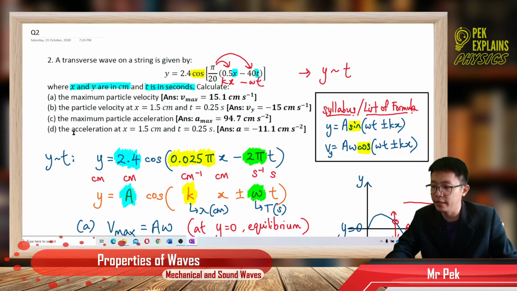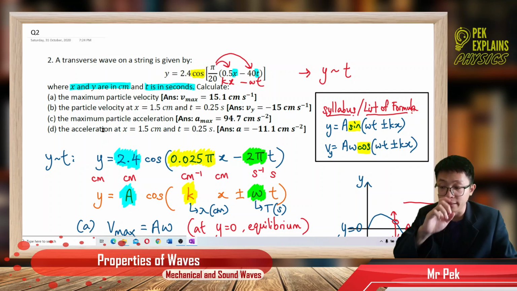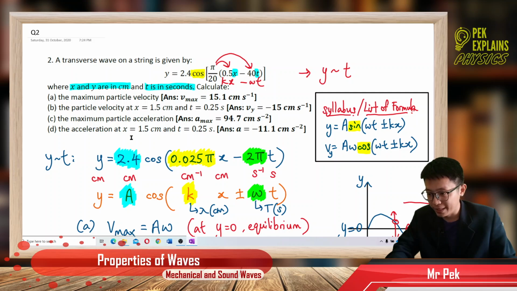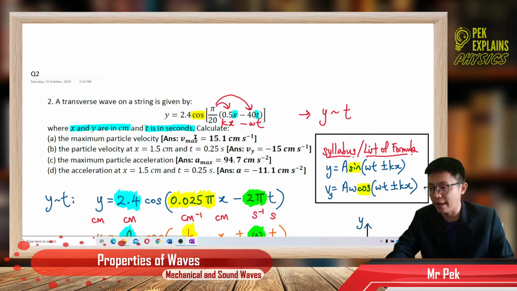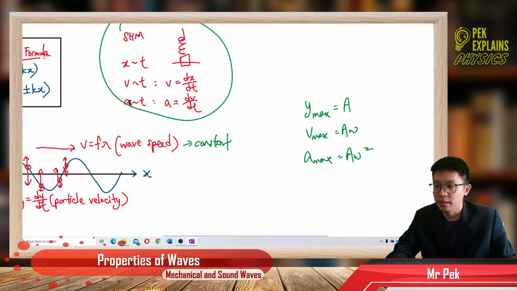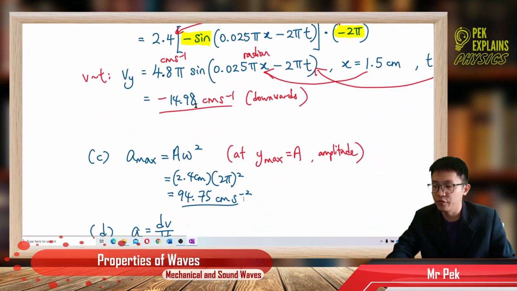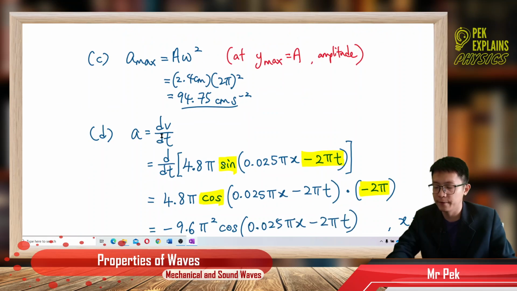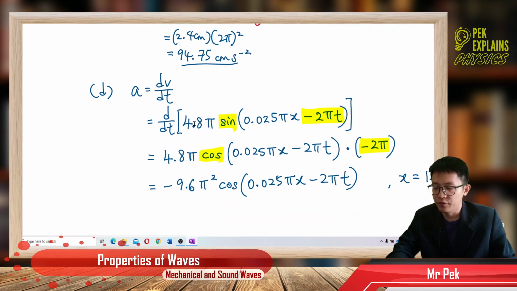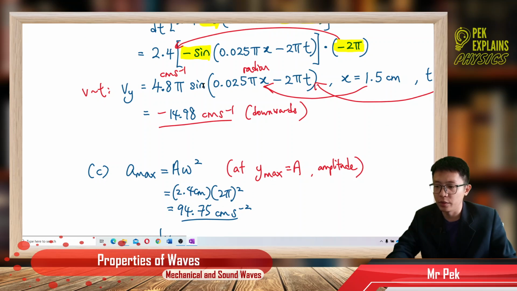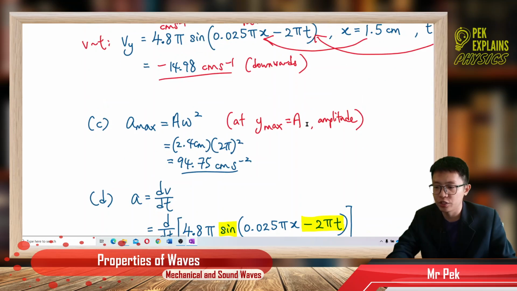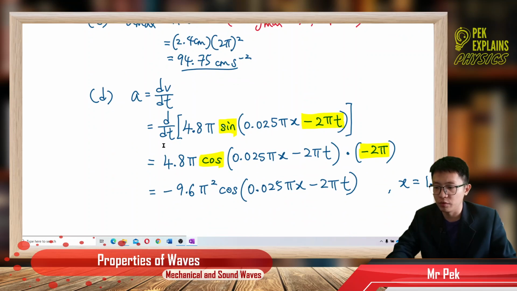Now I want to find the particle acceleration for this particle at this position, 1.5 cm, at this time. That means I need to differentiate again. Acceleration a equals dv/dt. I need to differentiate the velocity equation with time.